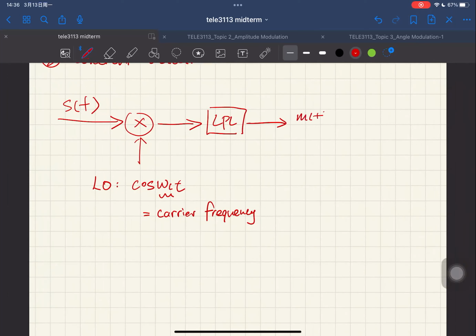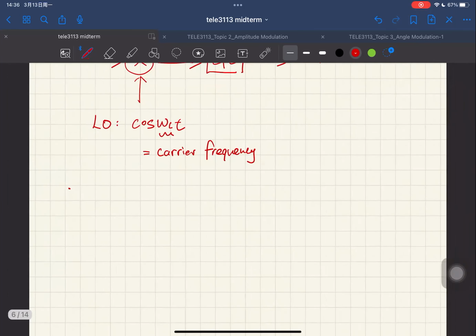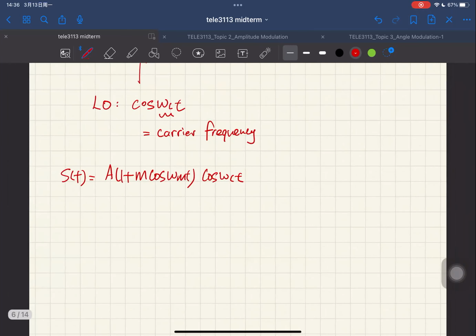and then we can get our message signal. So the idea looks like this: we assume our s(t) is equal to A times (1 plus m cos omega_m t) times cos omega_c t. And we multiply it with the local carrier signal, which is cos omega_c t.